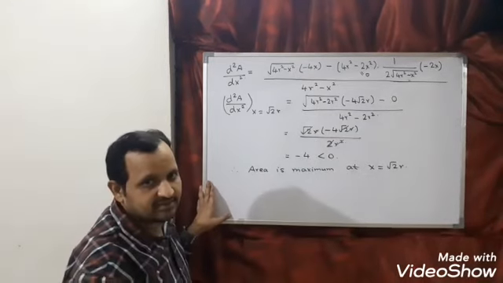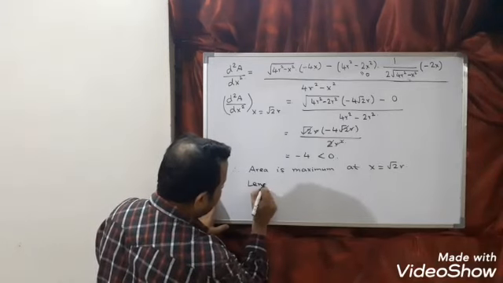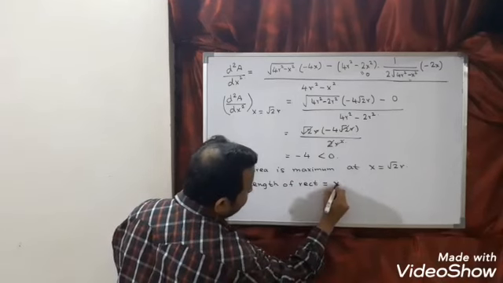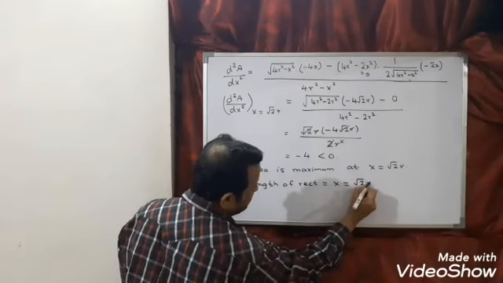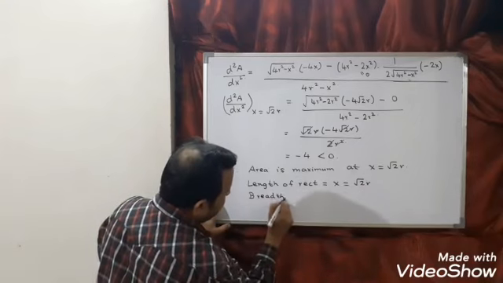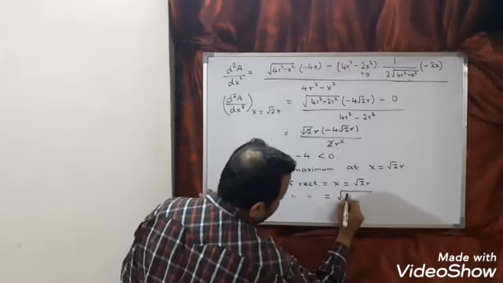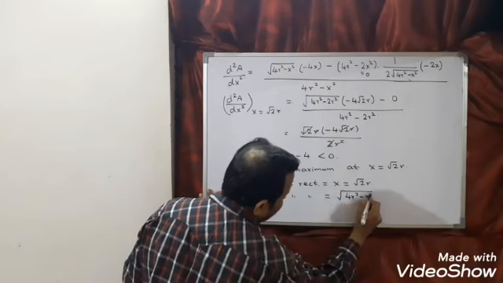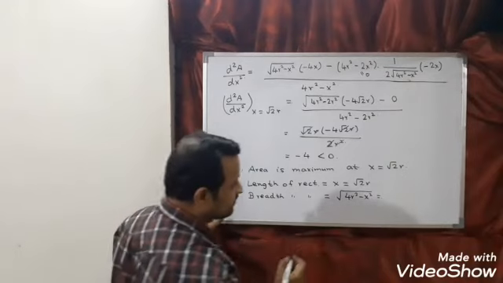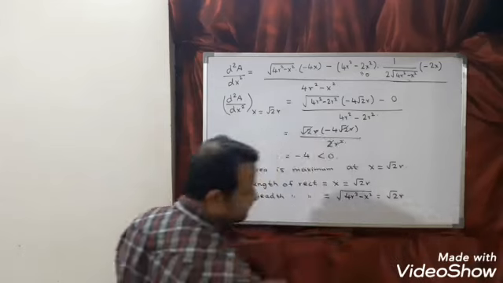We have to show that square is having the maximum area. So tell me, what is length of rectangle? So length of rectangle is equal to, it is nothing but x, and x is nothing but root 2r. What is breadth? So here I can say breadth of rectangle is equal to, how much? It is, I think, square root of 4r square minus x square. So calculate how much you will get. 4r square minus 2r square. So you will get again, I can say root 2r.